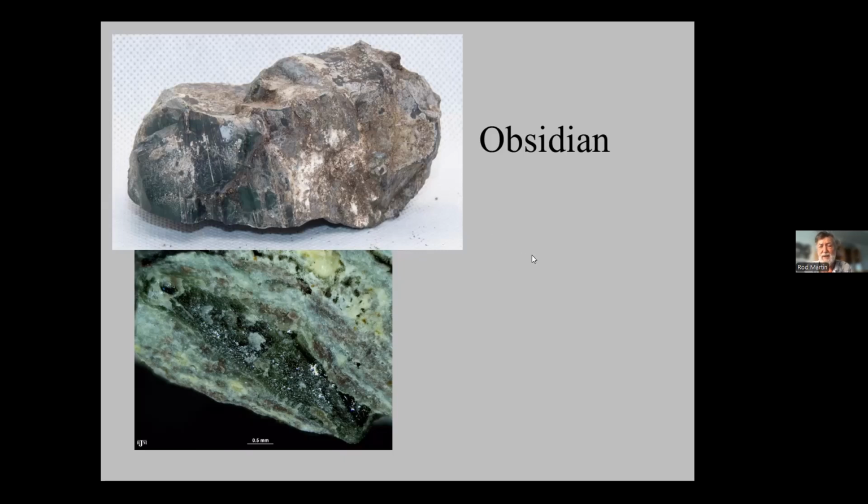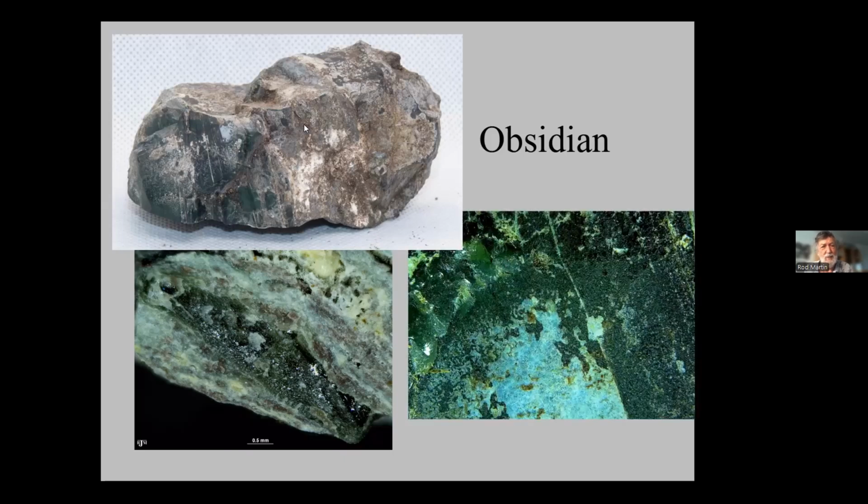But of particular interest is a number of papers have actually talked about blue obsidian from out there. I've never seen it, I've never found it, but when we look at this bit here, and this photo is actually rotated, it's this little spot here.